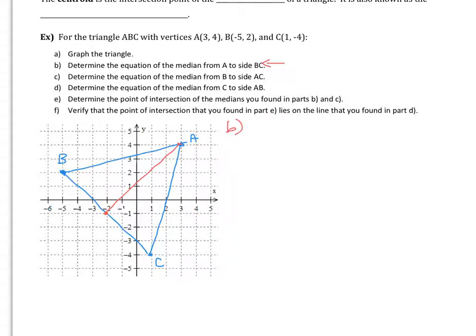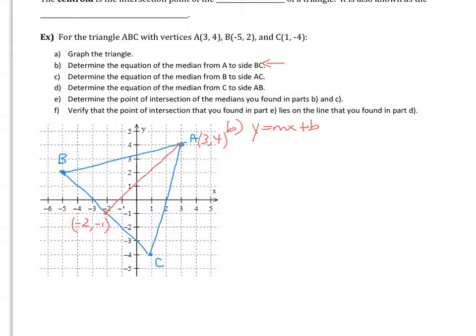Now, we know for an equation of a line, we've got y equals mx plus b. We need the slope of that line, and we need its y-intercept. Now, you could use the formulas with your ordered pairs. Your midpoint would be here at (-2, -1). You could calculate the slope with the point (3, 4) and that (-2, -1) slope formula, or you can do rise over run. And if I look at rise over run, my rise is 1, 2, 3, 4, 5, and my run is 1, 2, 3, 4, 5.